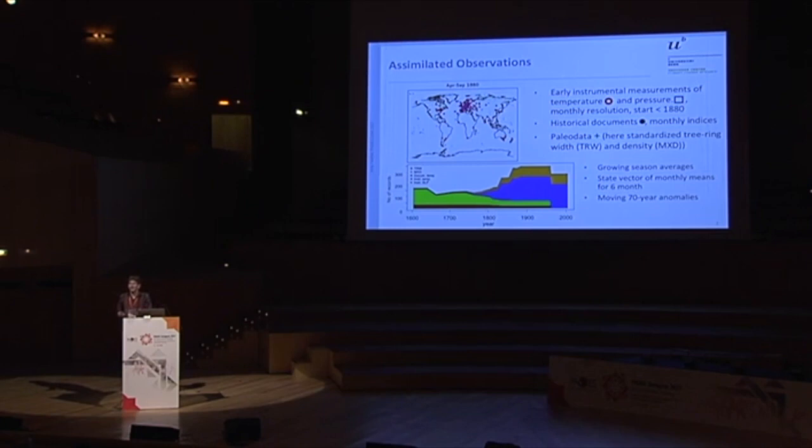So that means that the centennial variability in our reconstruction or our Reanalysis stems from the model simulations, and we only get the annual to multi-decadal variability in there from the proxies that we assimilate.